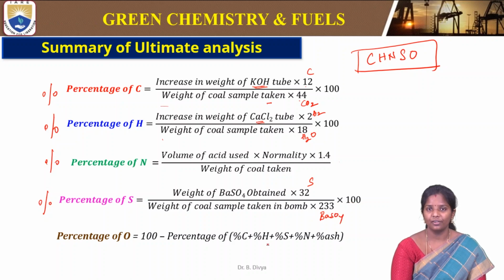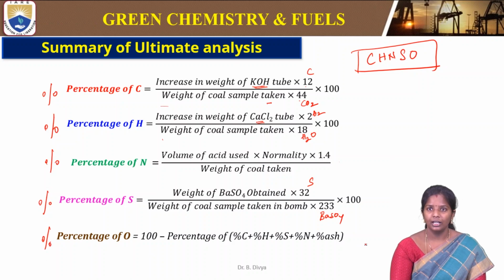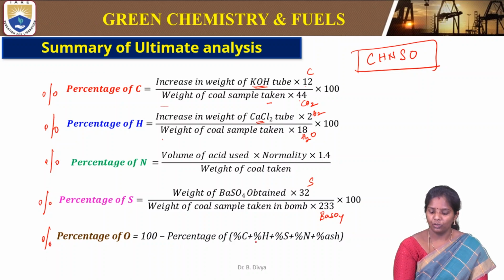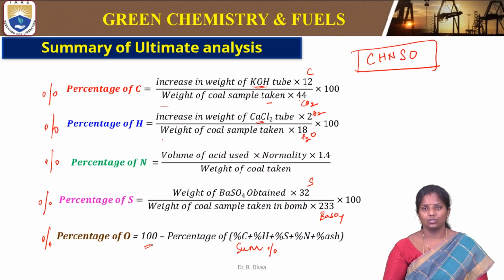Then at last, the percentage of oxygen is obtained by subtracting the sum of the percentages of carbon, hydrogen, sulfur, nitrogen and ash from 100.